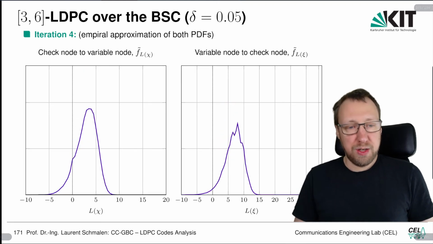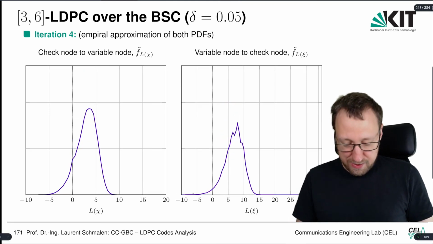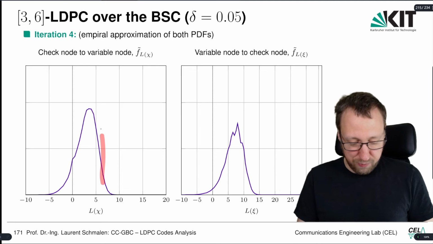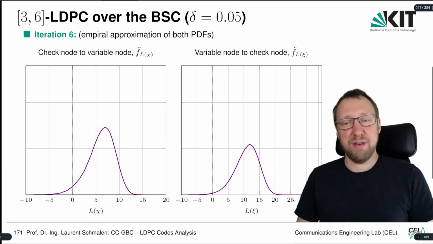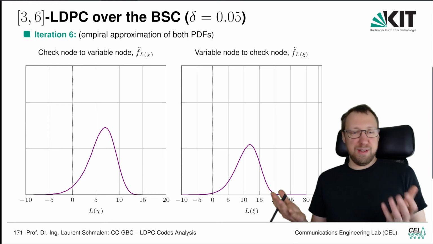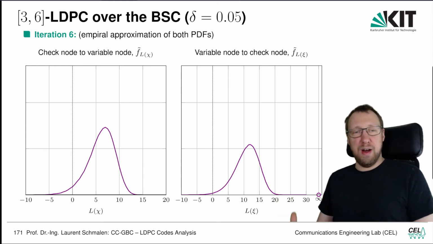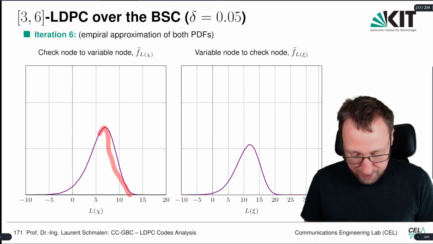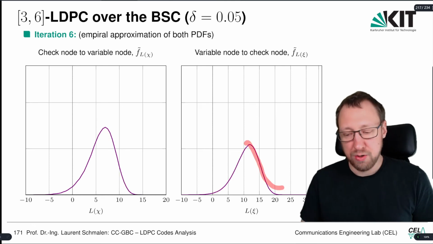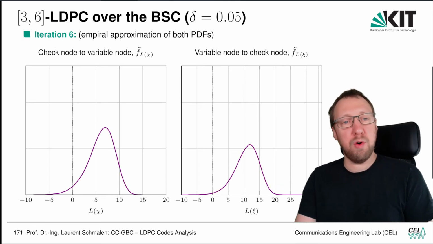Then we go to iteration 4, and this is the approximation that we have. We go to iteration 5, iteration 6, and it starts to look very, very Gaussian already. It's a little bit tilted, so it's not really Gaussian. This is more Gaussian, so let's let it run for a few more iterations.